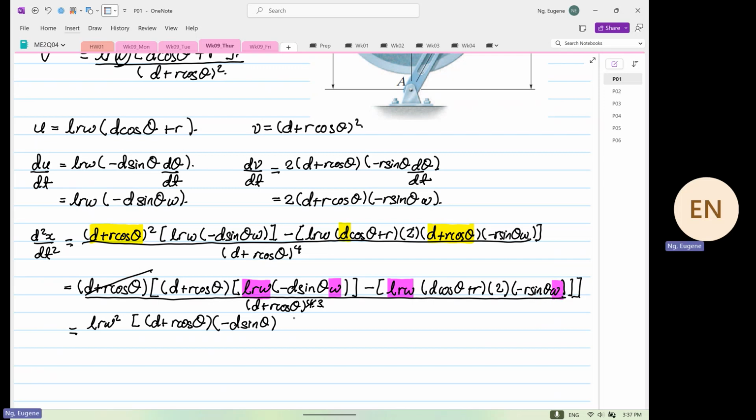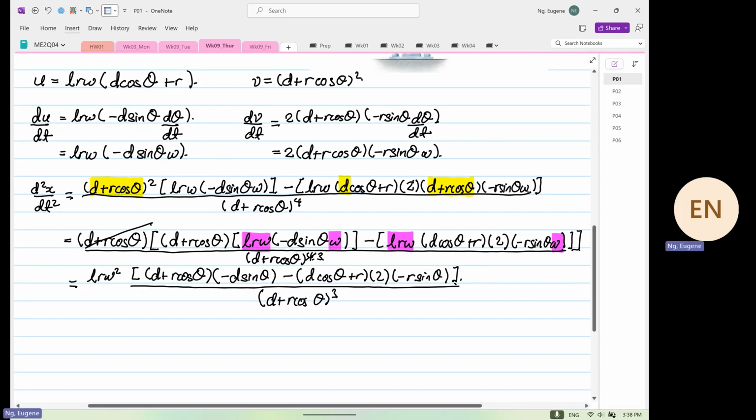And then finally, on the other side is minus d cos theta plus r multiplied by 2, and then I have bracket minus r sine theta. I always am very proudly to say that you guys are better in this than me, which you are. And then over here, denominator is d plus r cos theta, 3.